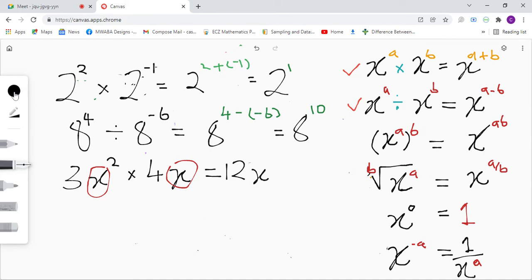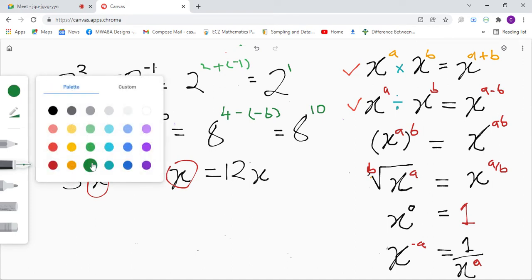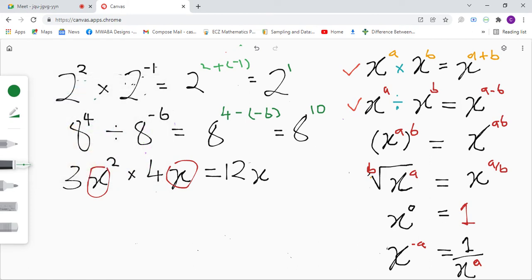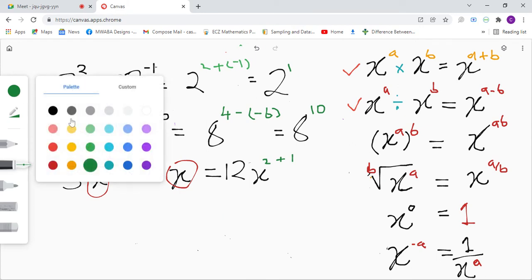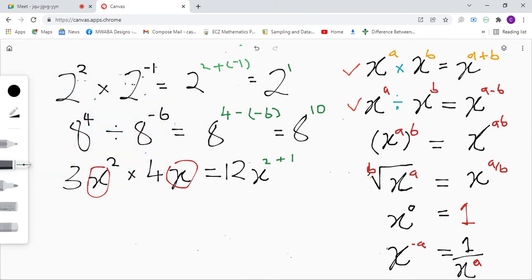And then our base is x. Whenever I say an x by itself, just know it's to the power 1. So it's going to be x to the power 2 plus 1, which gives us 12x to the power 3.